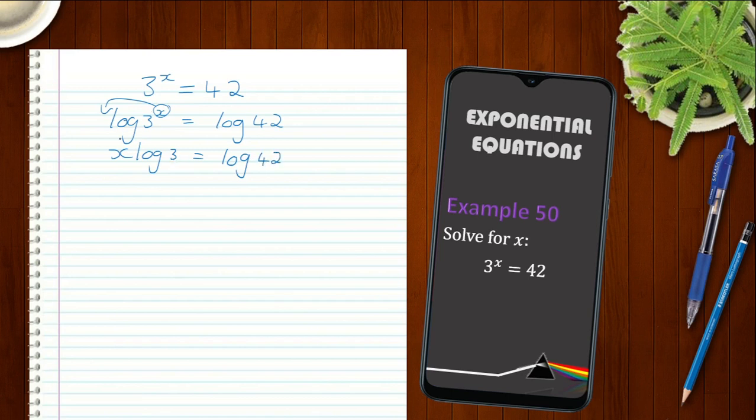Now x is on its own, sort of. We can easily get rid of log 3 by dividing both sides by log 3. So x is equal to log 42 over log 3. Then from here we just type it in the calculator.